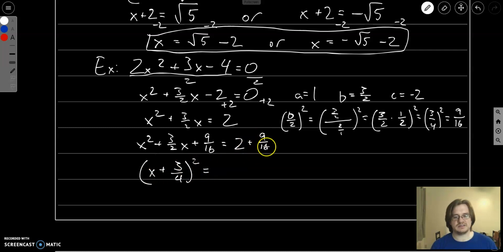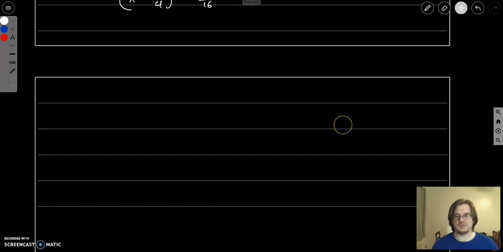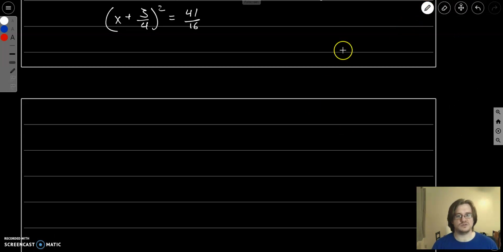And then I have this. So in order to simplify this, I'll turn 2 and write it as 32/16. So that 2, which is 32/16, plus 9/16, 32 plus 9 is 41/16. So ultimately, running out of space on this page, so zoom down.